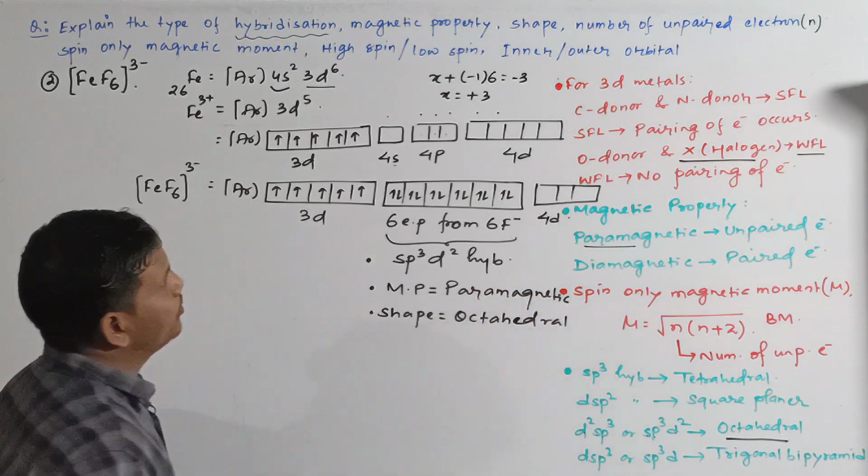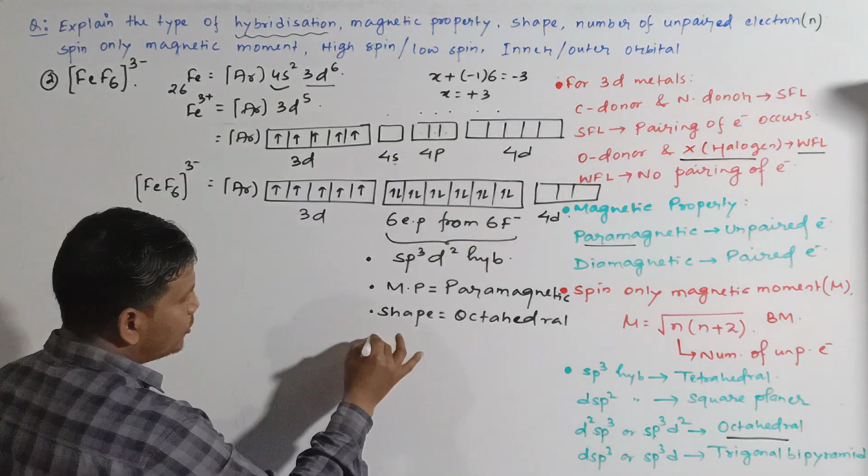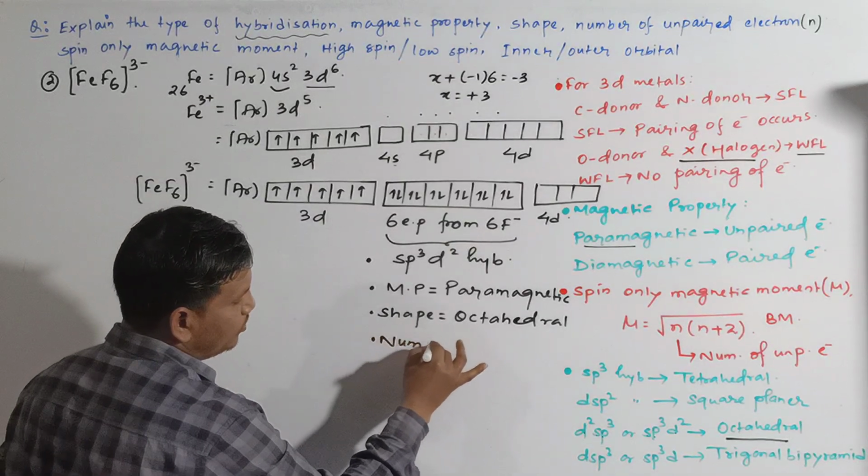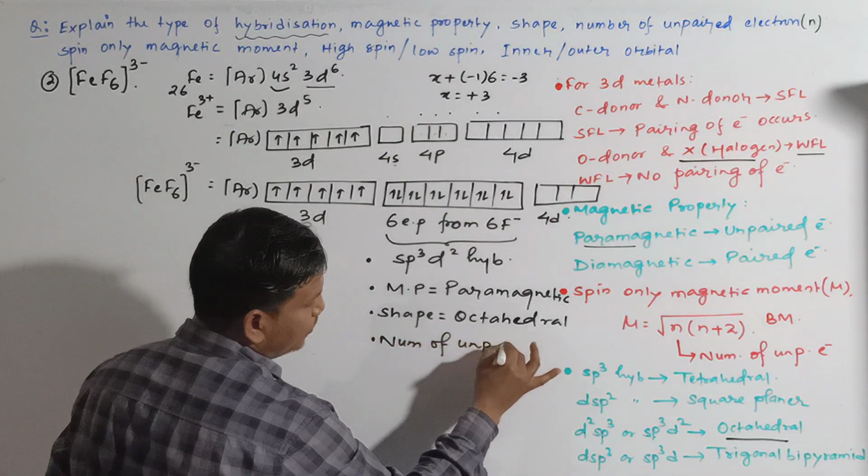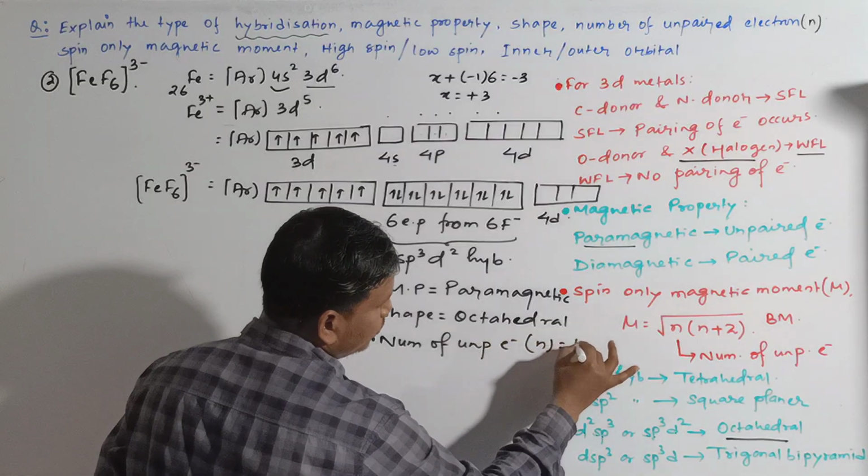Number of unpaired electrons, denoted by n, is equal to 5.